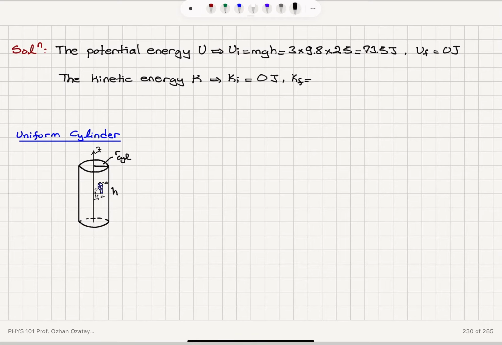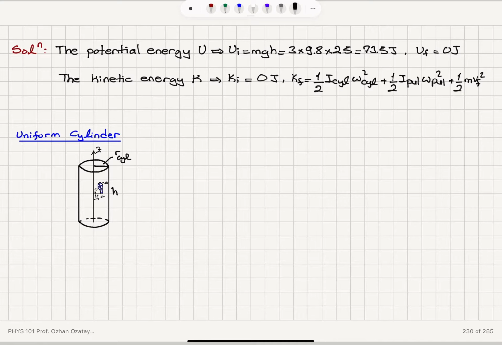So we will have three terms here: 1/2 I cylinder omega cylinder squared plus 1/2 I pulley omega pulley squared plus 1/2 m v final squared, the final translational kinetic energy of the box.